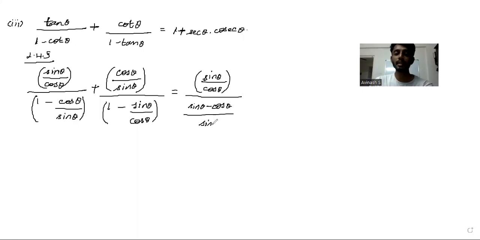This is the LCM in the denominator. I repeat, if you consider this step, please look at the red color. Here you have divided by 1. So sine theta is the LCM. So you do into sine theta, and in the numerator you get sine theta minus cos theta whole divided by sine theta, and that is what I have written over here. This is something that we need to do.